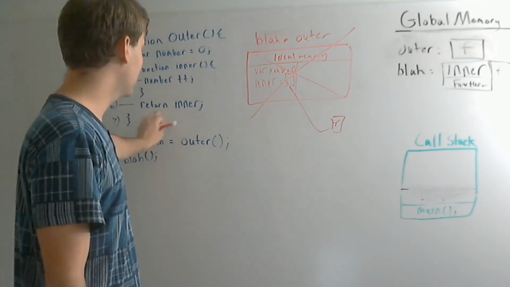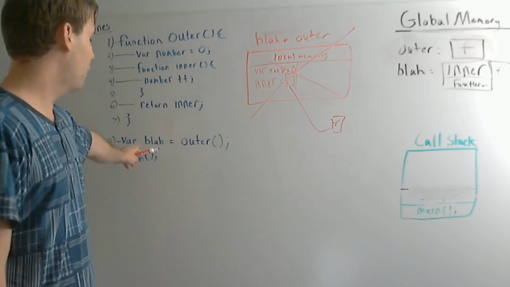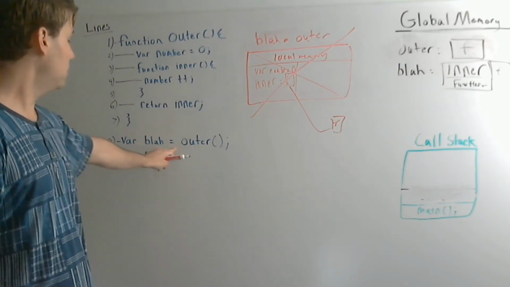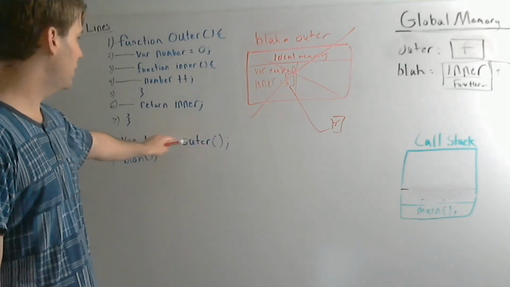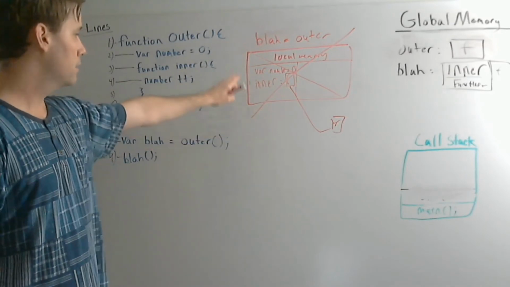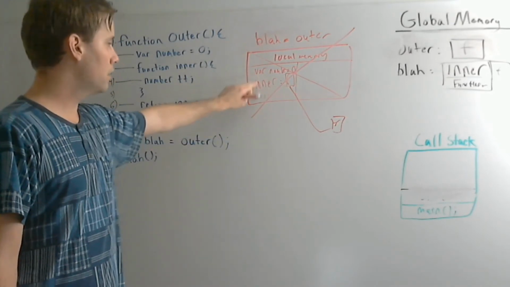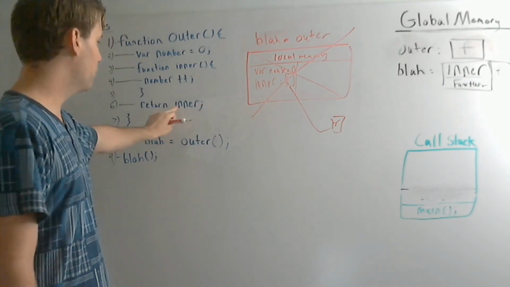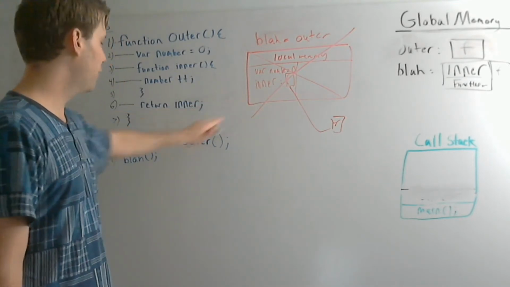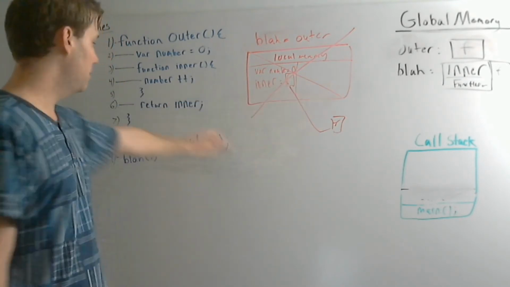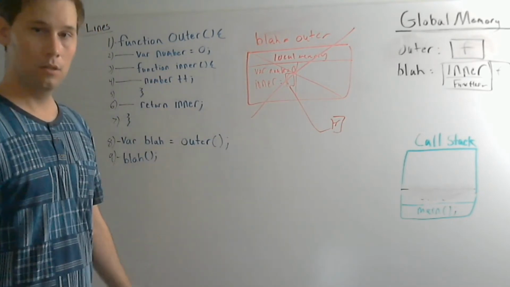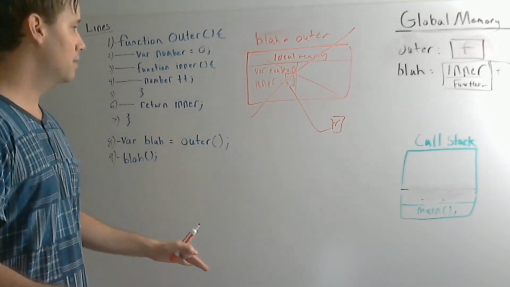Blah is equal to a function, right? Return inner, var blah equals outer. Call the thing. We went through the step, set the variable number equal to 0. Inner is equal to a function, and we're returning that inner, which is a function. So blah is going to be equal to that inner function. Hopefully that makes a little bit of sense for you guys.